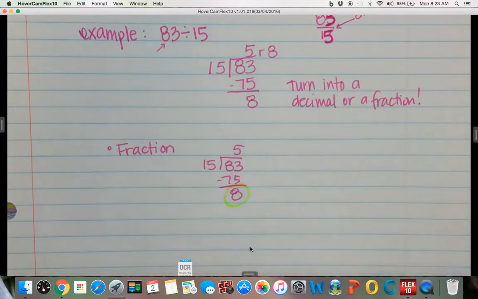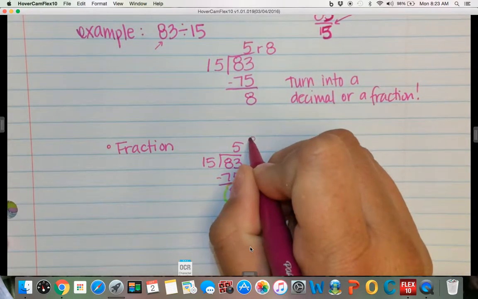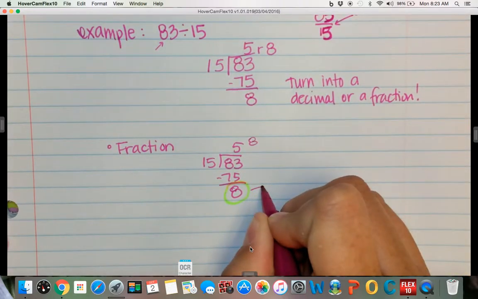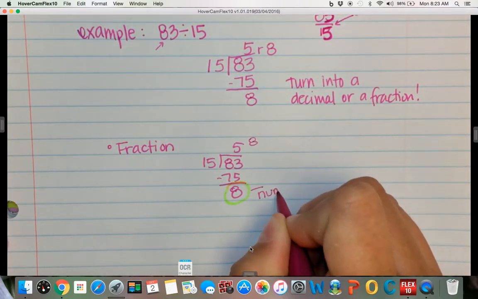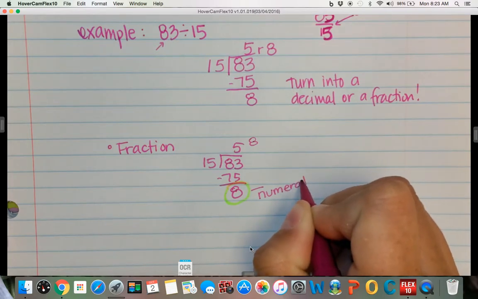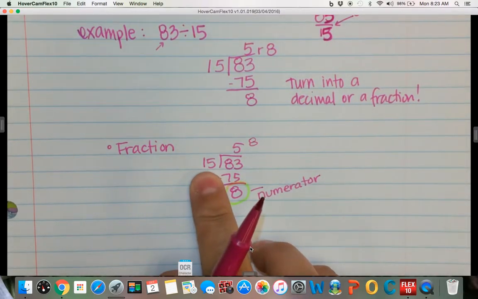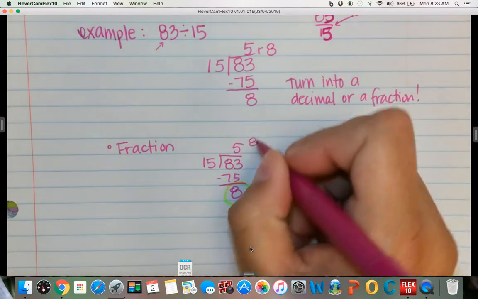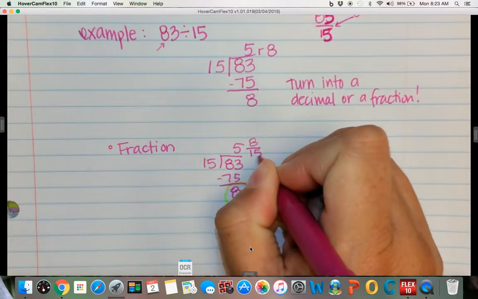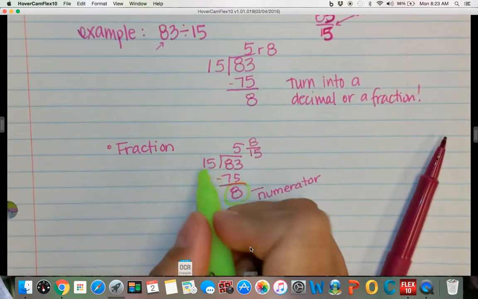I don't have enough to make another group. I only have 8 of those pieces. So that's going to be my numerator. How many is in my group? We're making groups of 15. So 15 is my denominator.